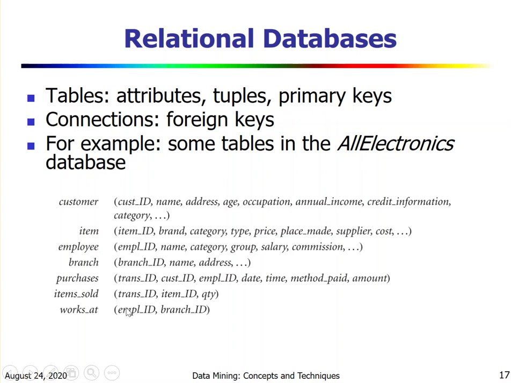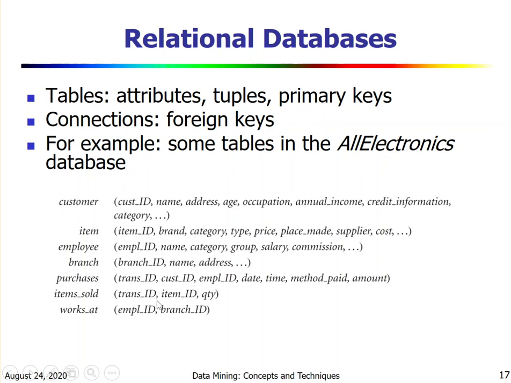By using those primary keys inside this new table, we create a new connection between employees and branches. While they are primary keys altogether in this table, they are also foreign keys because each is a primary key in a different table. So those foreign keys create connections among tables.